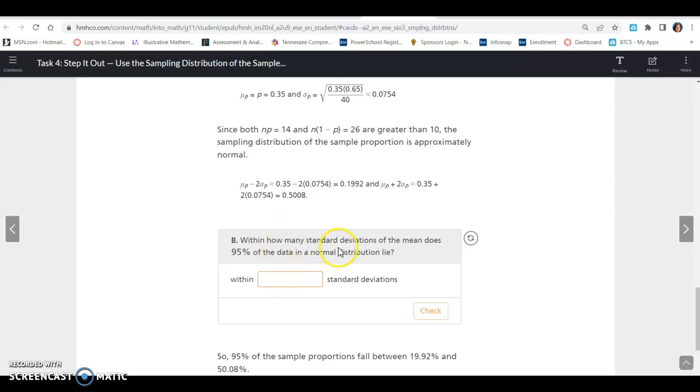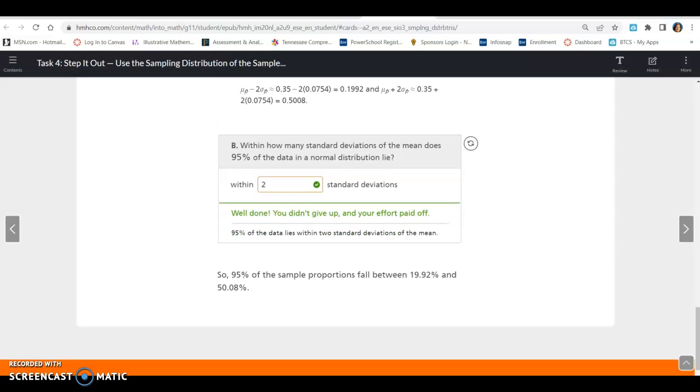So it says within how many standard deviations of the mean does 95% of the normal distribution lie? Within 2 standard deviations. So 95% of the sample proportions fall within 19.92% and 50.08%. All right, that's all for task 4. If you have any questions, let me know.